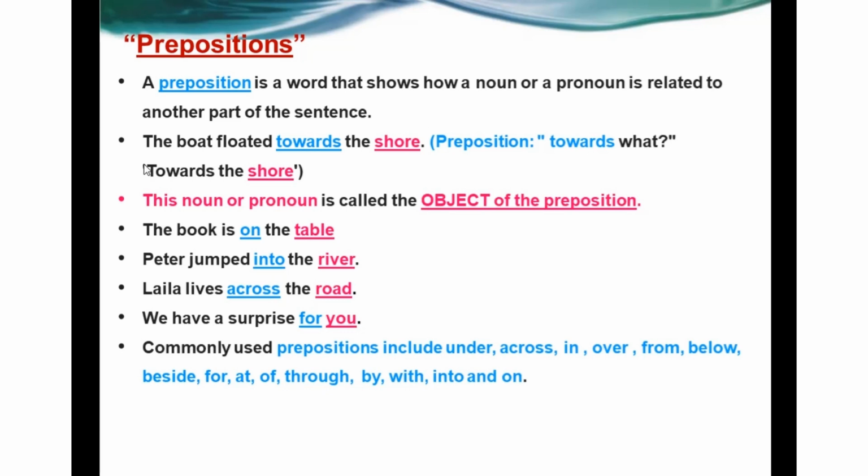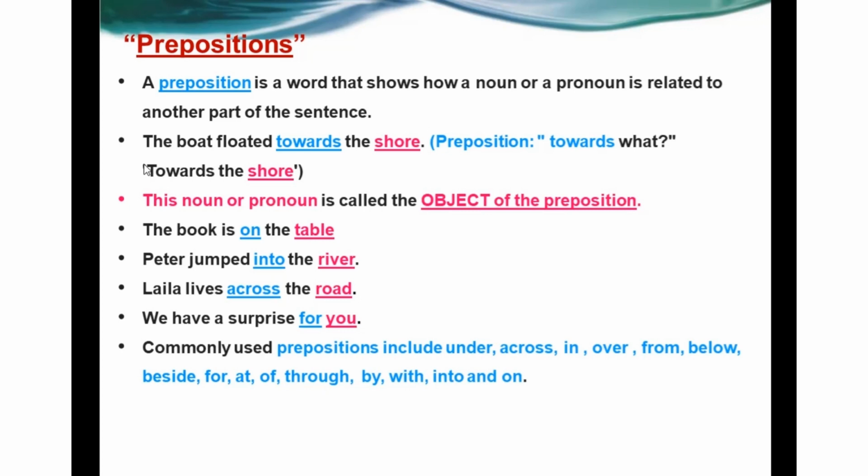Whenever they are used with a noun or a pronoun, you will come to know exactly what is happening with it: where exactly it is, where it's moving, going, located, where its position is. All these things can be answered with the help of the correct preposition.